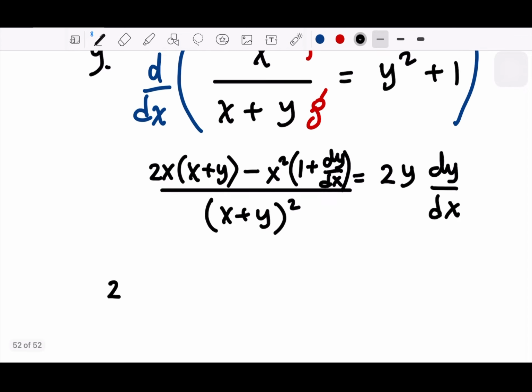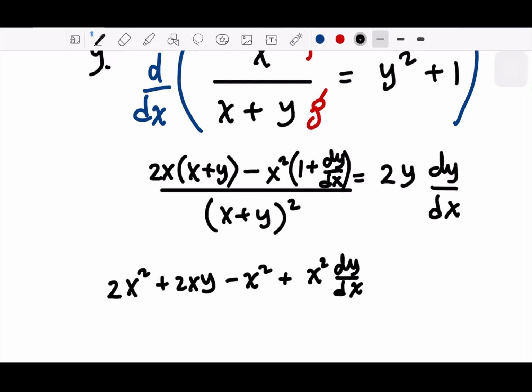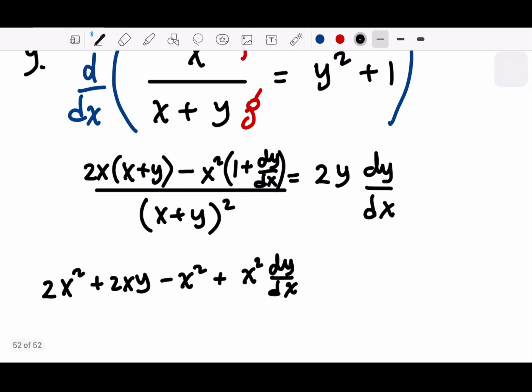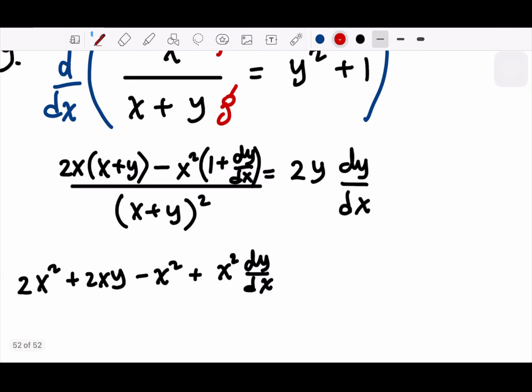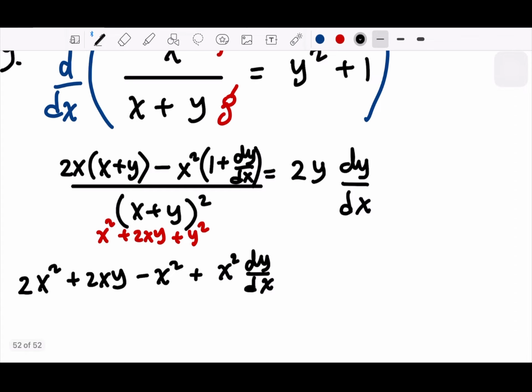So this will be 2x squared plus 2xy minus x squared plus x squared dy over dx. And this will be x squared. I will write down here. And then let's cross multiply to the right.